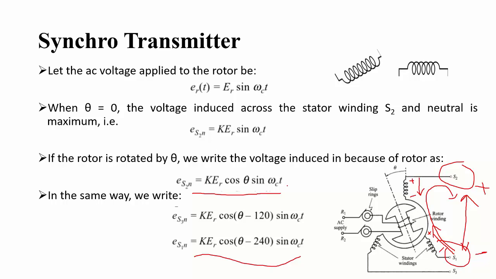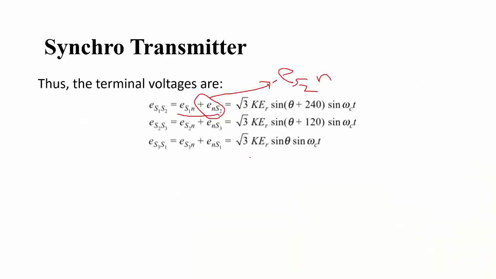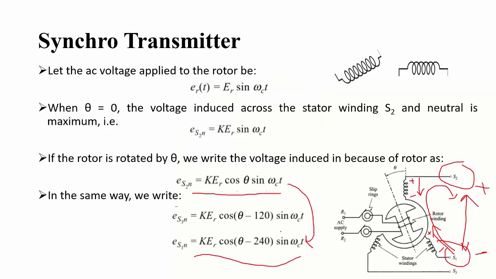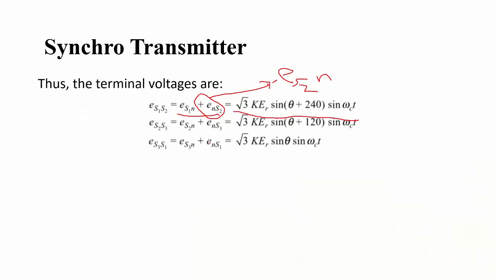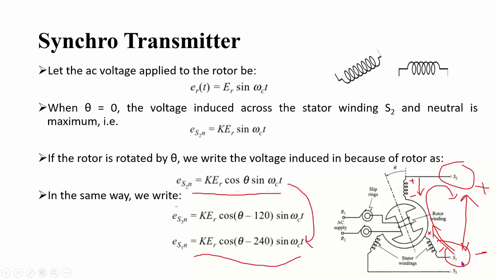Now if you solve these two expressions, you will come to the final expression, root 3 KER sin theta plus 240 sin omega t. This can be obtained by applying simple trigonometric relations that you studied in class 12. There is nothing special about solving these relations. So this is the voltage that will exist between the terminals S1, S2.